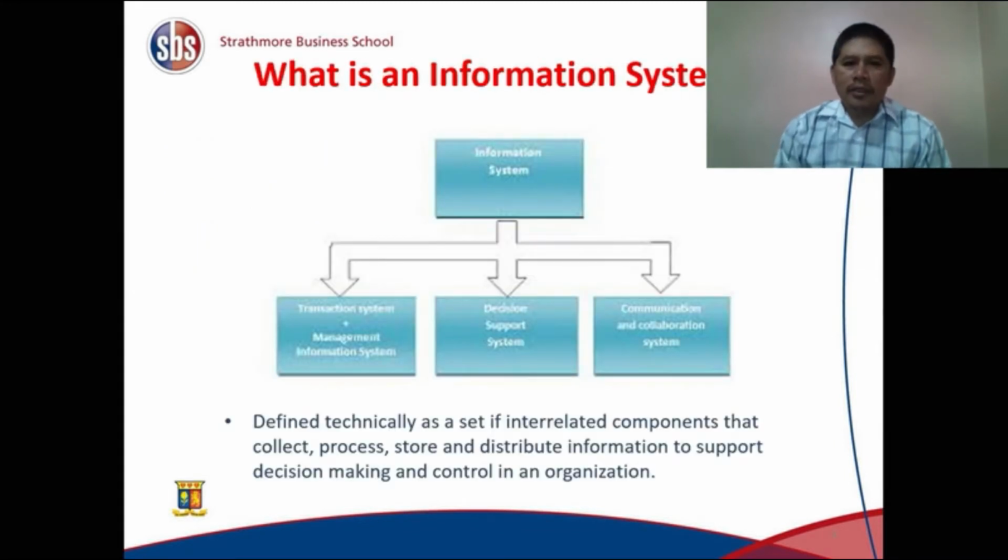So what is an information system? Simply put, an information system is defined technically as a set of interrelated components that collect, process, store, and distribute information to support decision making and control in an organization.